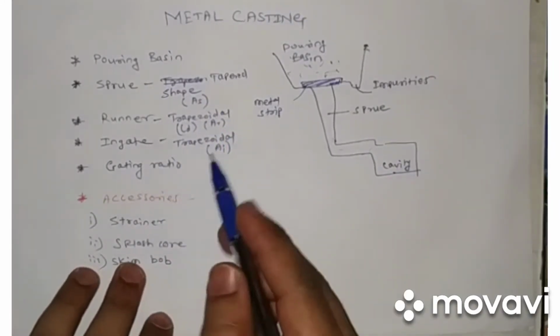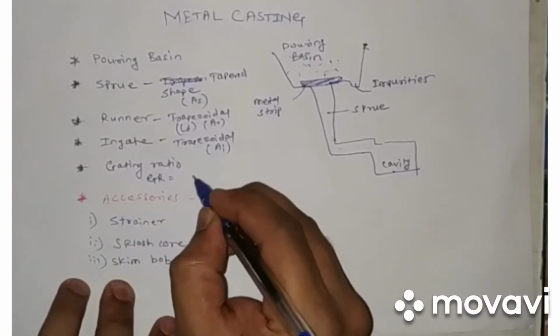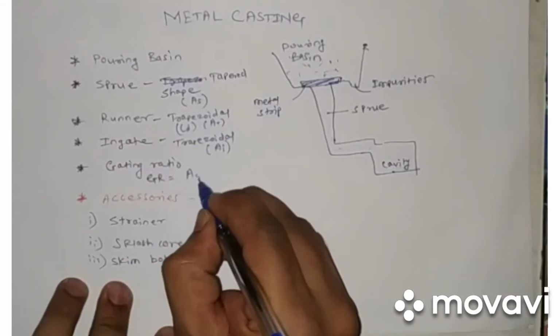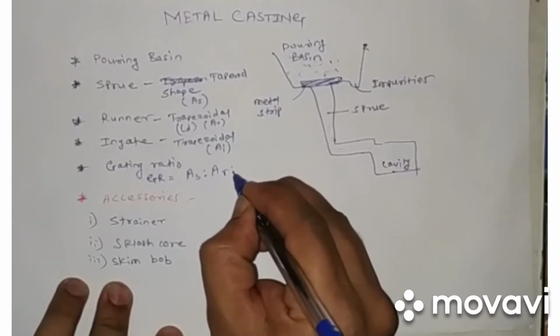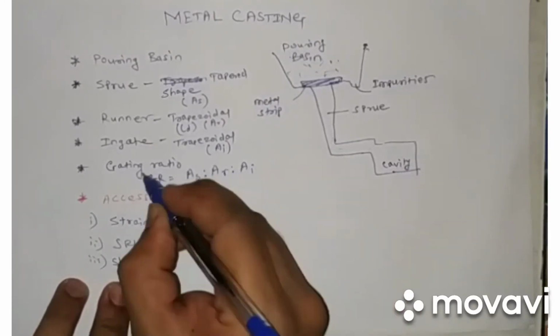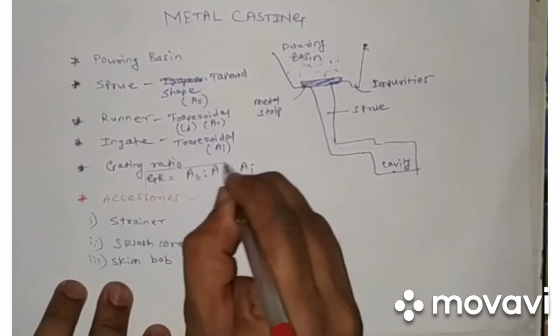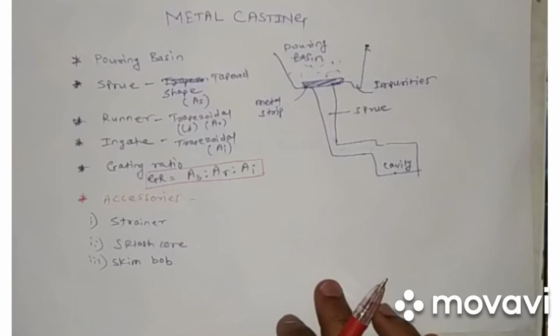The gating ratio is given as the ratio of the area of the sprue AS to the area of the runner AR to the area of the ingot AI. This gating ratio is very important, because from this gating ratio the different gating systems are designed.